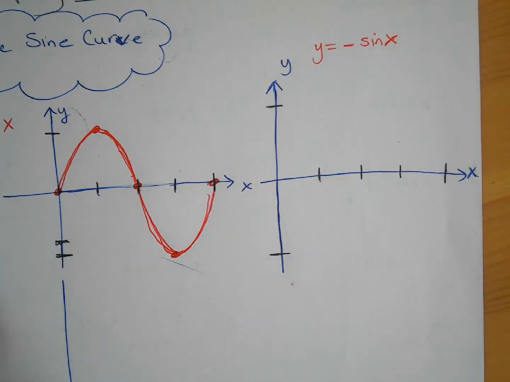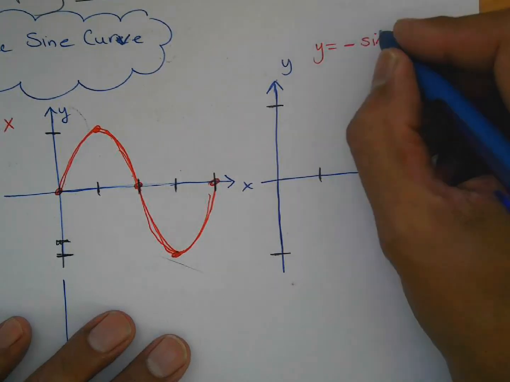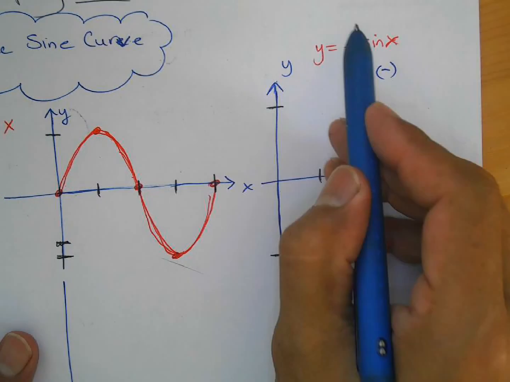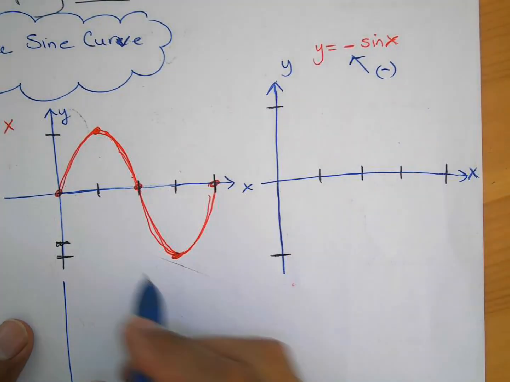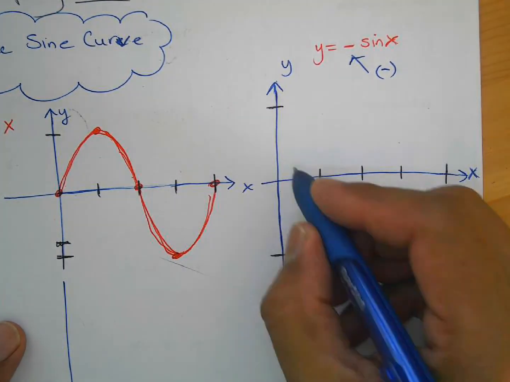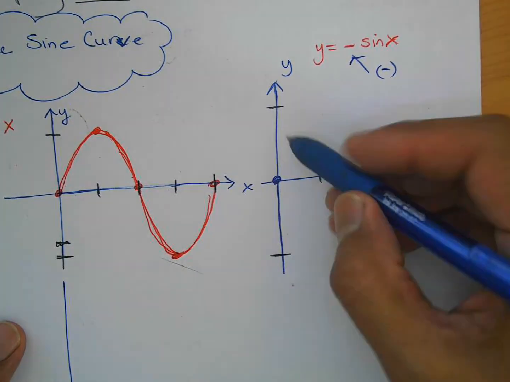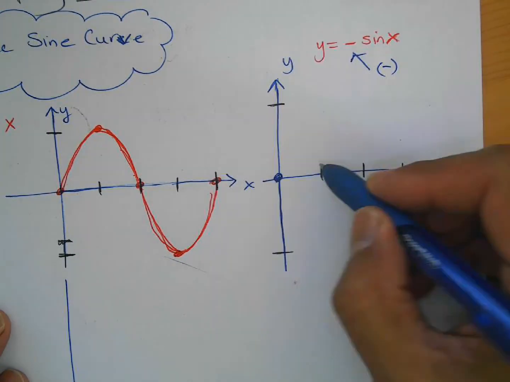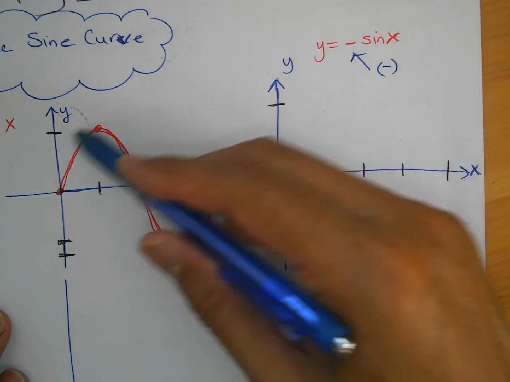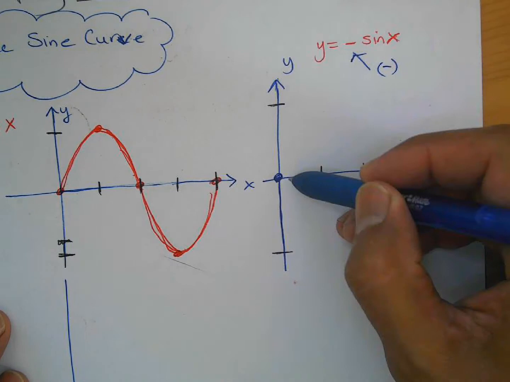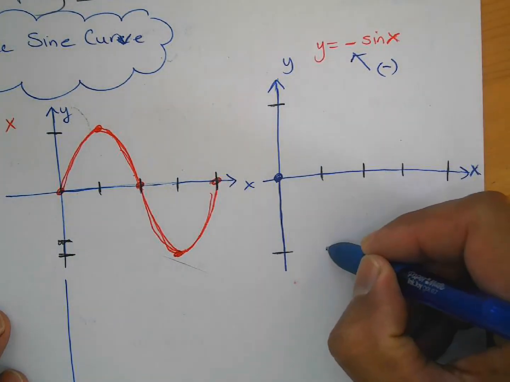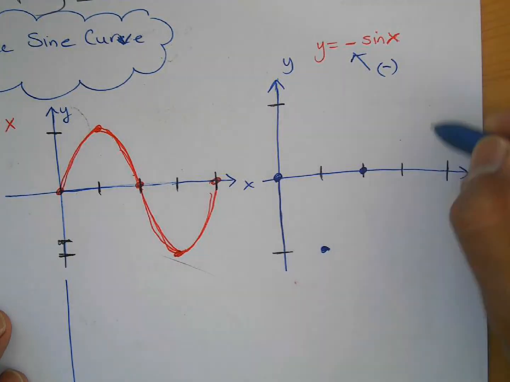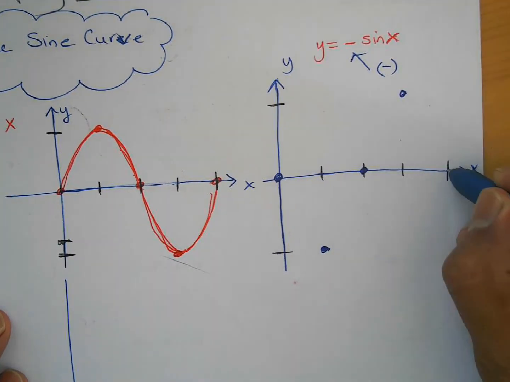Okay, for this one, if you see a negative in front of here, pretty much all of it's going to be the same. You're still going to start here at 0, 0, but instead of starting up, because this one was positive so we started up, the only difference is you're going to follow the same behavior, but instead of going up, you're going to start with this first point down. Down, middle, top, middle.